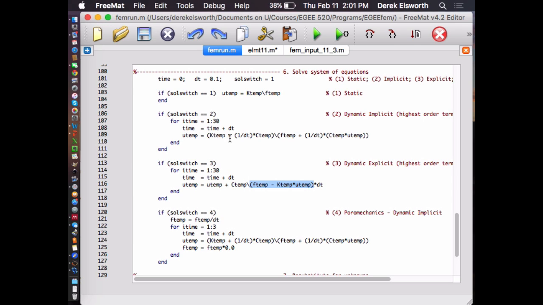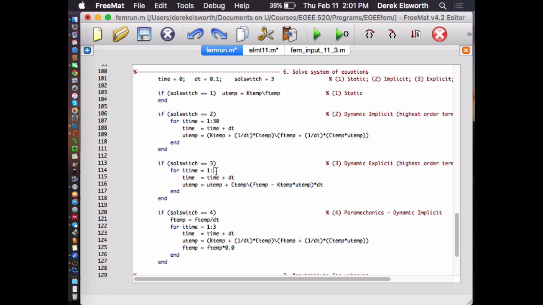So we know that if the time step is equal to 0.1, then it works. I don't want to do 30 time steps.